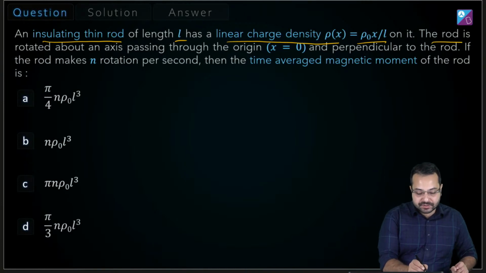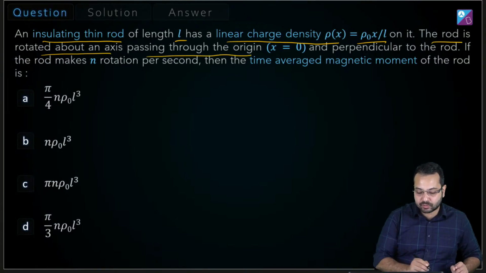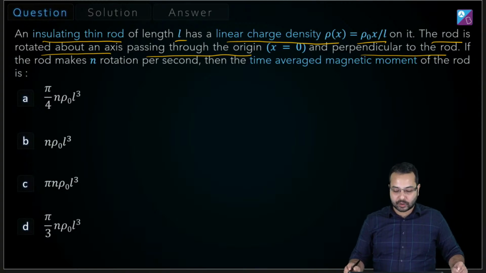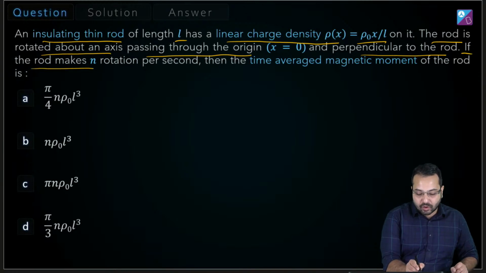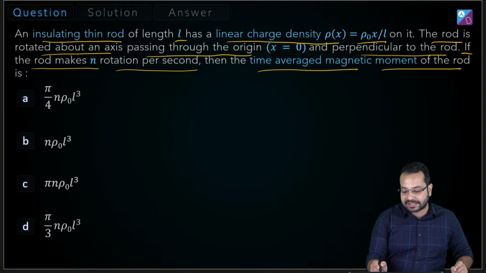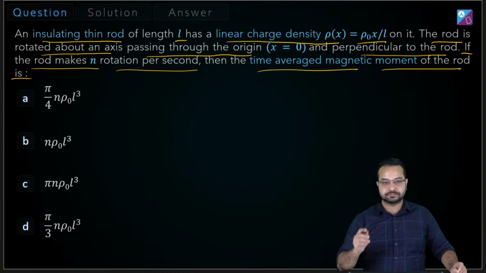The rod is rotated about an axis passing through the origin and perpendicular to the rod. So the axis of rotation is perpendicular to the rod and passing through its end. If the rod makes n rotations per second, then the time average magnetic moment of the rod is.